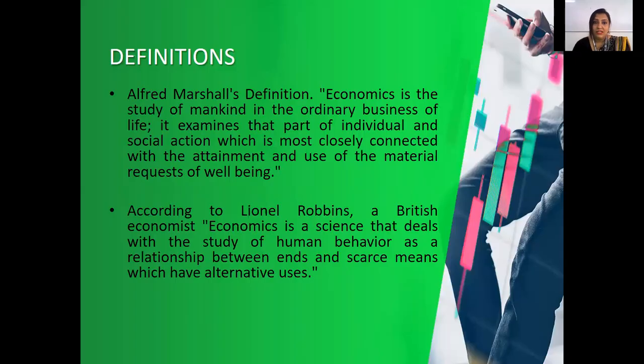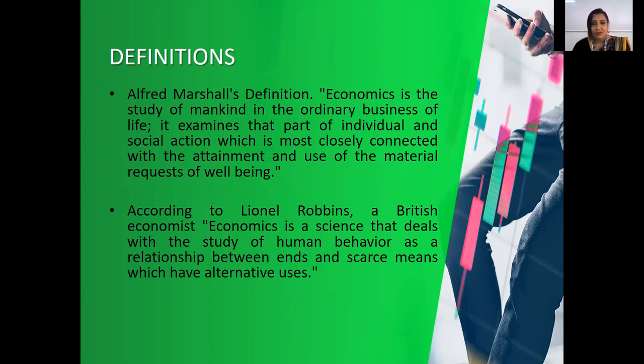There are a lot of eminent scholars who have given definitions of the concept of economics. We are discussing two definitions, one by Alfred Marshall and another by Lionel Robbins. According to Alfred Marshall, economics is a study of mankind in the ordinary business of life.